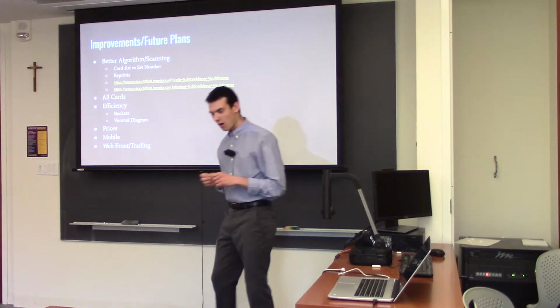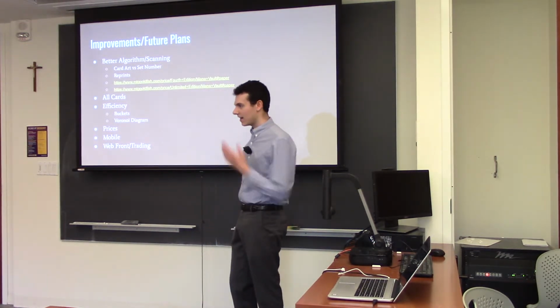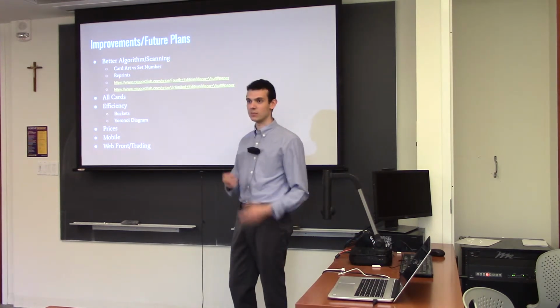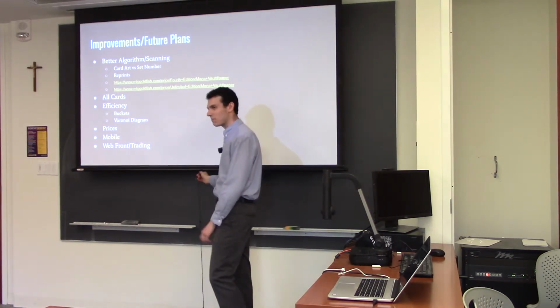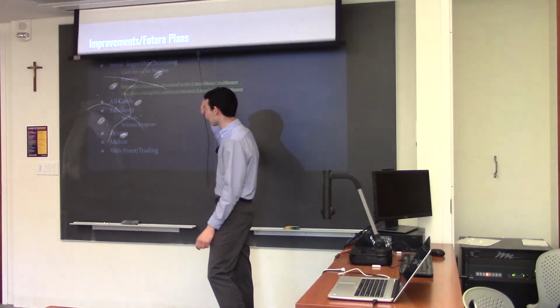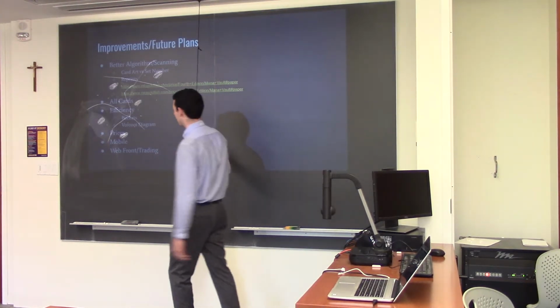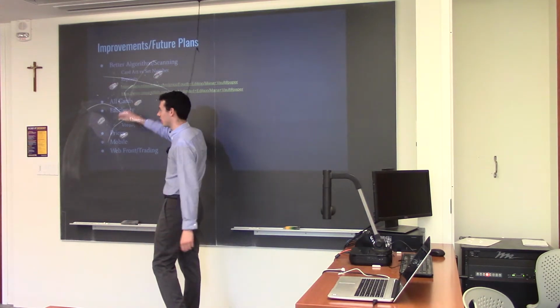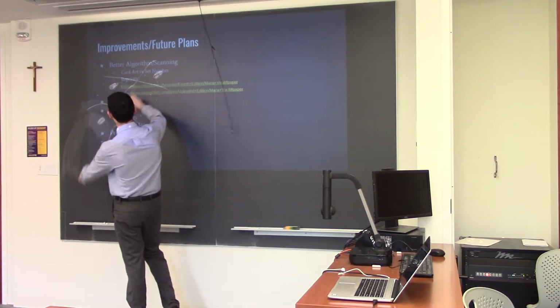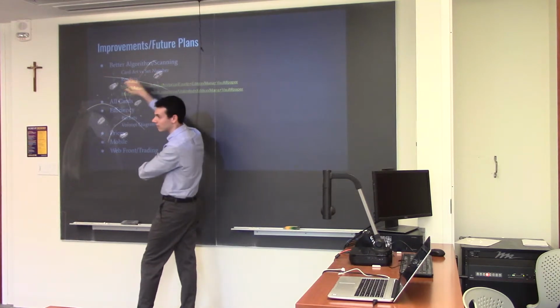Efficiency, I want to improve the efficiency, and Dr. Bishop had given me the idea to use buckets. What I mean by buckets is, real quick, if anyone's familiar with a Voronoi diagram, you've got a base point, and the points within that base point region are all related.